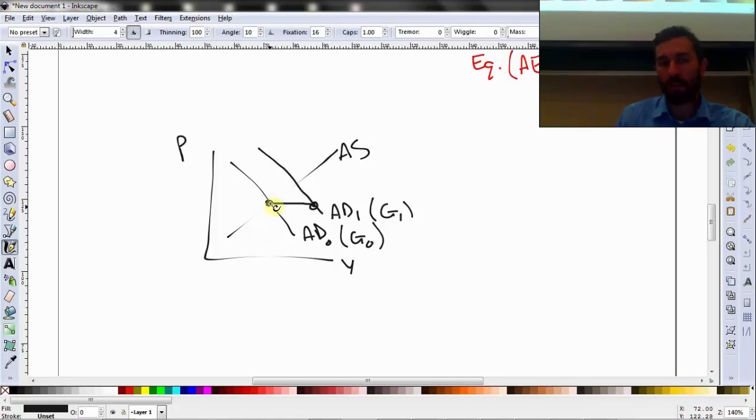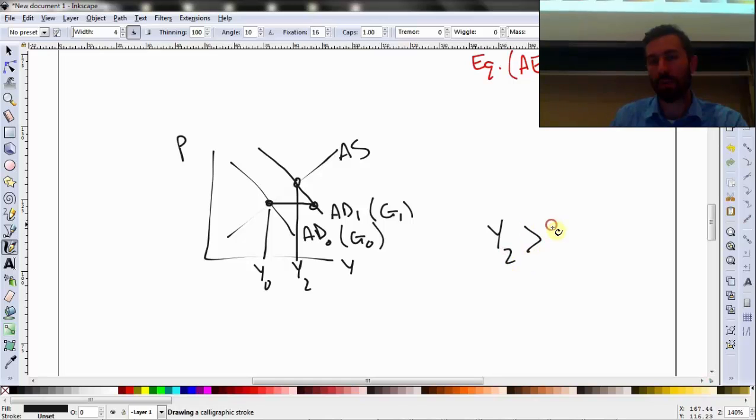This imbalance between the quantity supplied and the quantity demanded is going to lead to an increase in prices, right? Now, if I had some equilibrium level of output Y0 and I move to this new equilibrium level, Y2, are you happy that Y2 is greater than Y0?